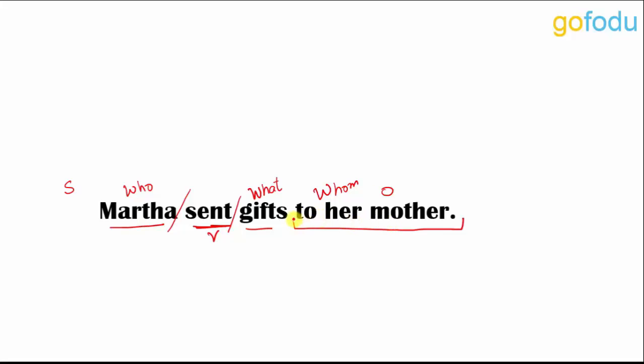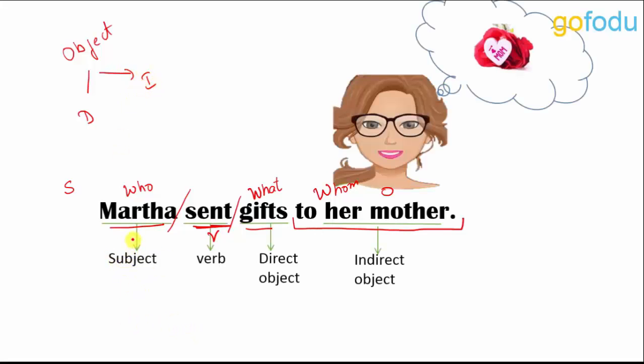So what exactly happens is, every object has two parts: direct object and indirect object. Let's see. Martha would be the subject, sent would be the verb, gifts would be the direct object, that answers the question what, and the whom question is answered by to her mother, that would be the indirect object.